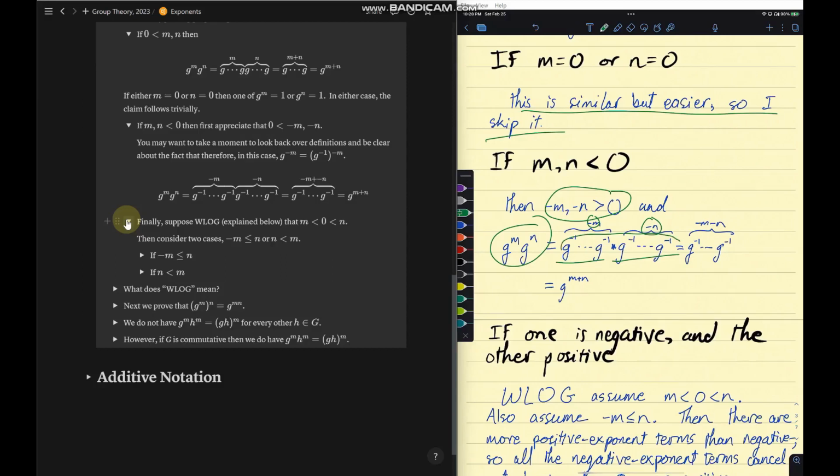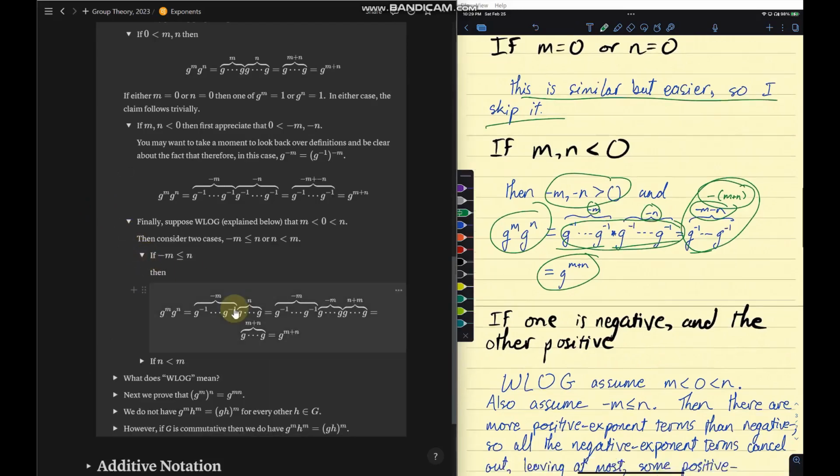Now, if we simply count this entire collection as negative m minus n instances of g inverse, then notice that this is the same thing as negative of m plus n, that being a positive number, m plus n being a negative number. If you check the definition of g to the m plus n for a negative number m plus n, it is the same thing as this: g inverse product with itself negative m plus n times.